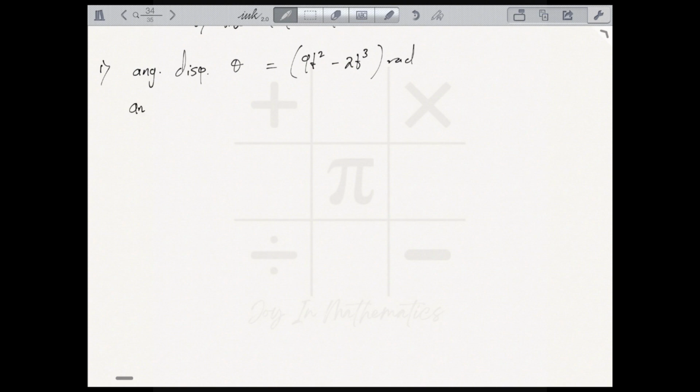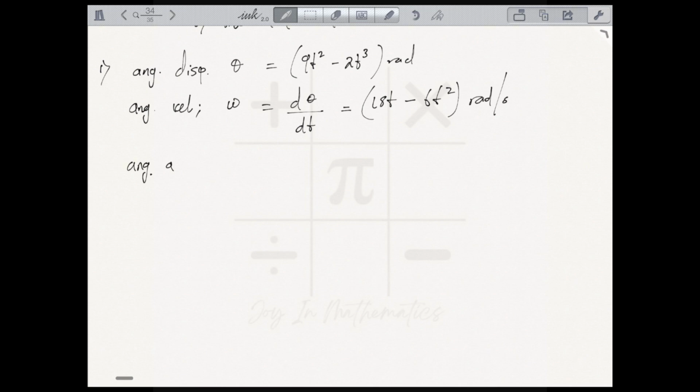Now the angular velocity, which is given as omega, is obtained by differentiating angular displacement with respect to time, and this will be equivalent to 18t minus 6t squared, the unit being in radians per second.